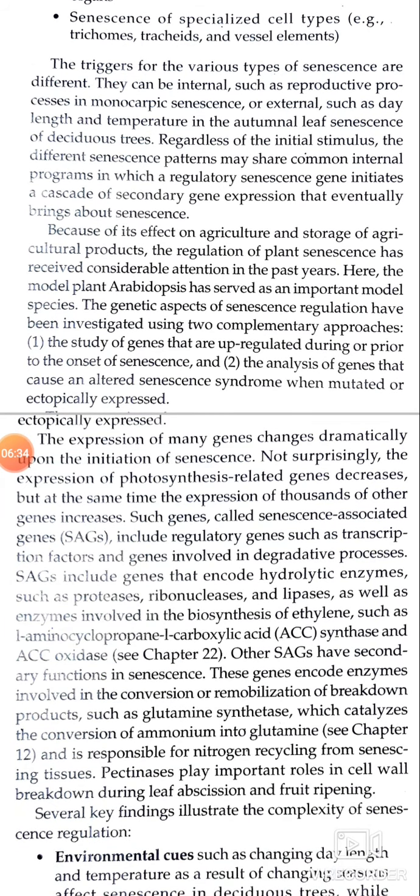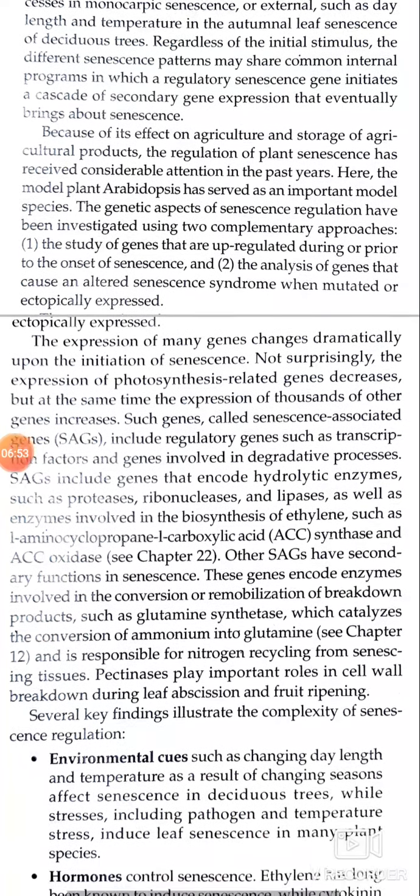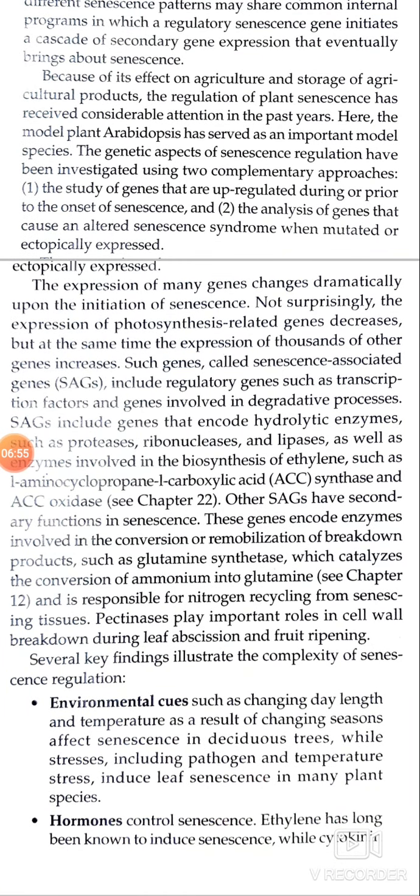Environmental cues such as changing day length and temperature as a result of changing seasons affect senescence in deciduous trees, while stress, including pathogen and temperature stress, induces leaf senescence in many plant species. Hormones control senescence.